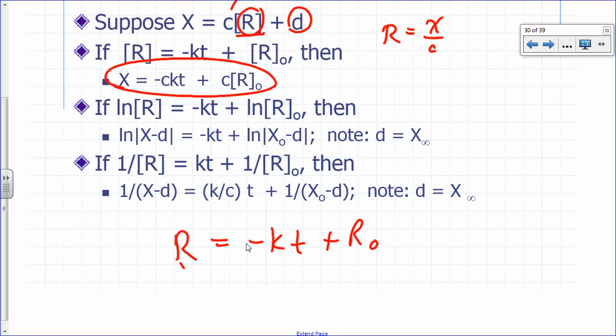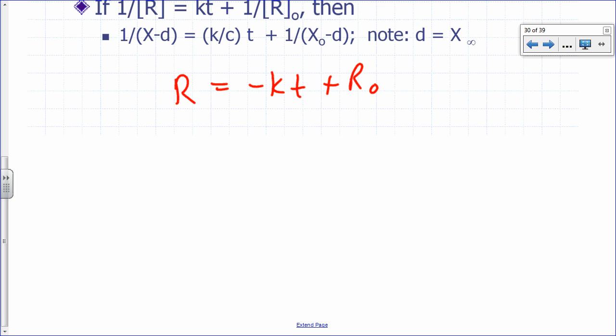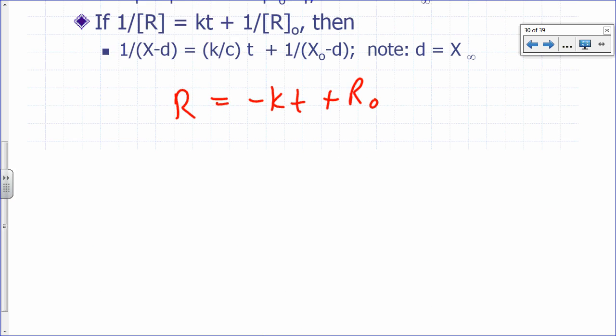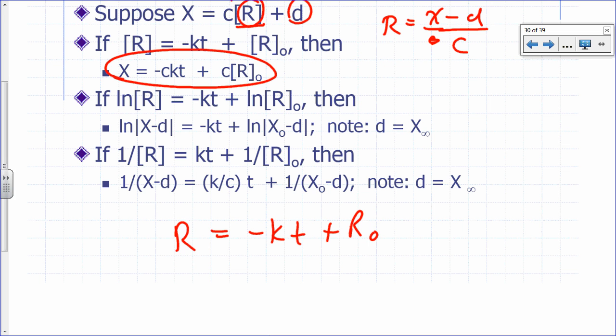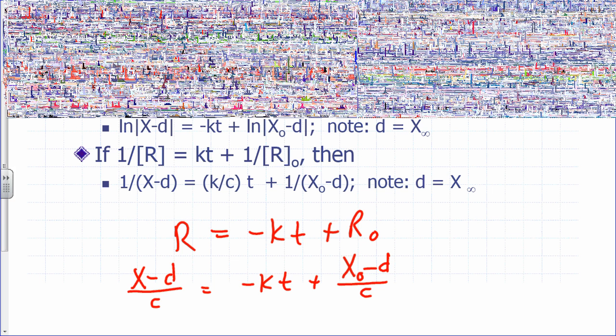And so that's X minus D over C. So you're going to say then that X minus D over C is equal to negative KT plus R naught, which would be X naught minus D over C. So what happens there?